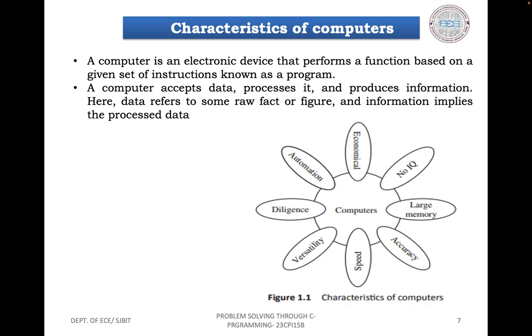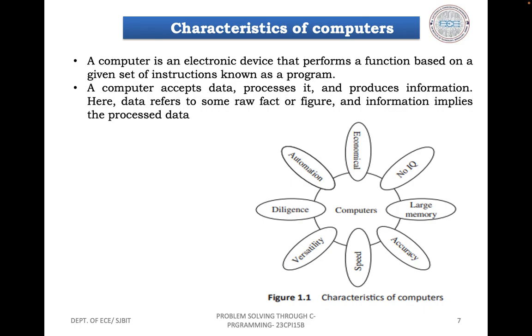Here are some of the characteristics of computers. It is economical, and it also says no IQ, because computers have no IQ. It's a programmer who writes the code, does all the programming part, and feeds it to the computer.